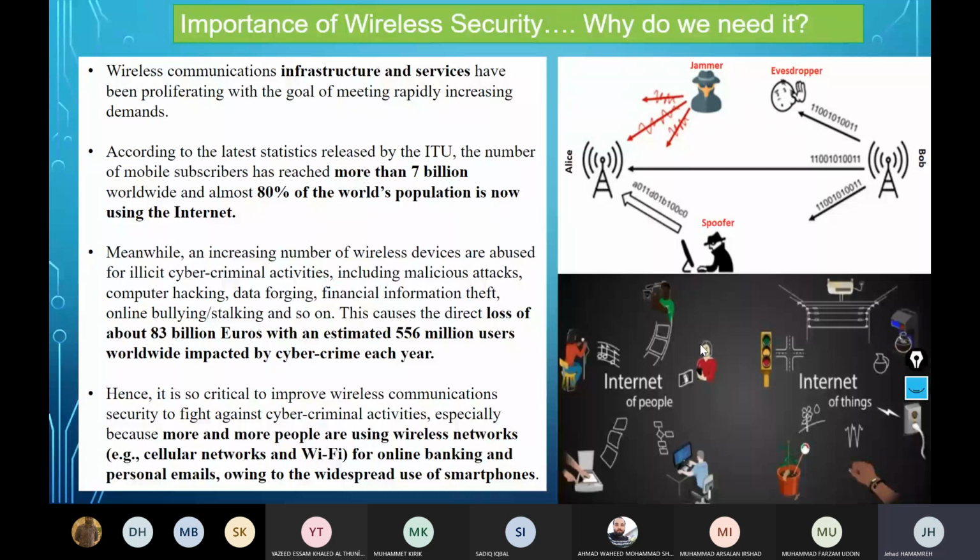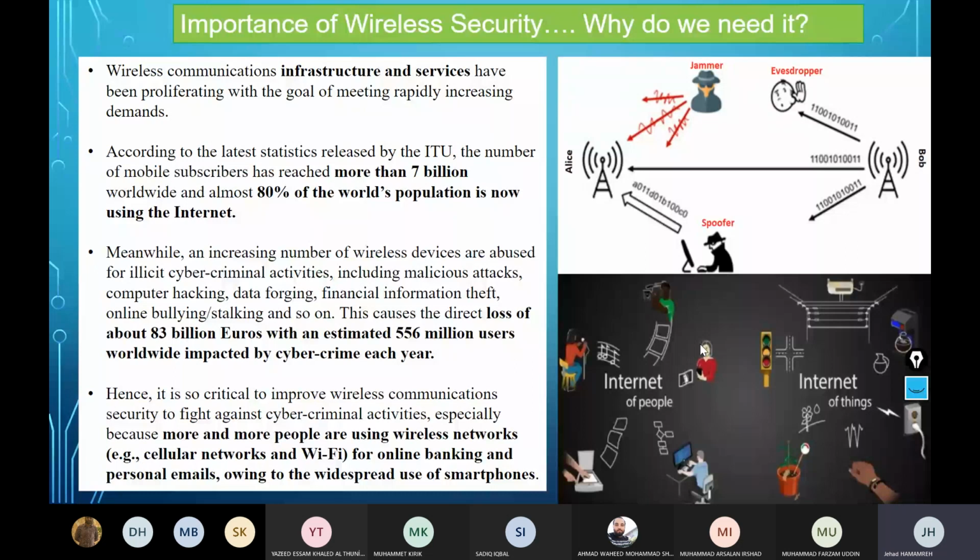As an example, an unauthorized node in a wireless network is capable of inflicting intentional interference with the objective of disturbing data communication. So not only eavesdropping, not only do we have man in the middle and denial of service, we have also jamming and interference, which are two critical threats in wireless networks.